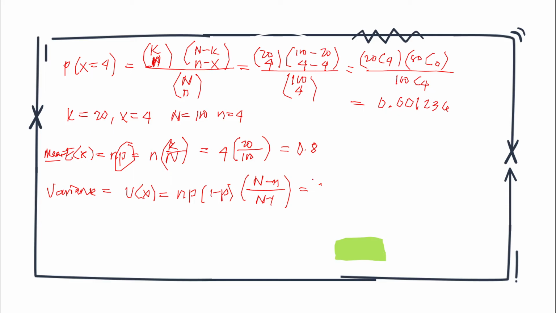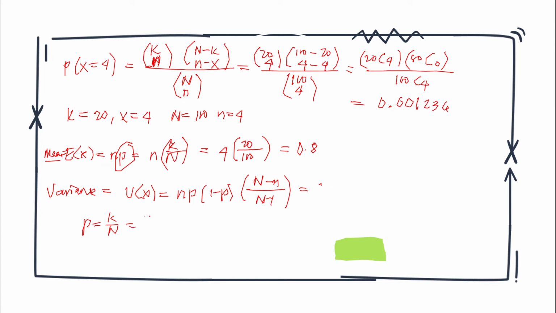To find the p, p is equal to k over N. So what is our k over N?